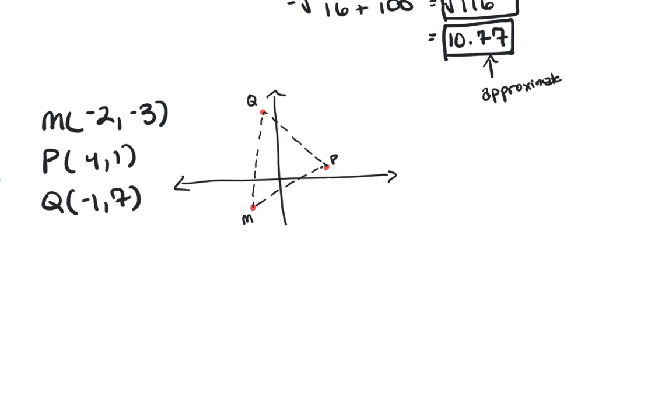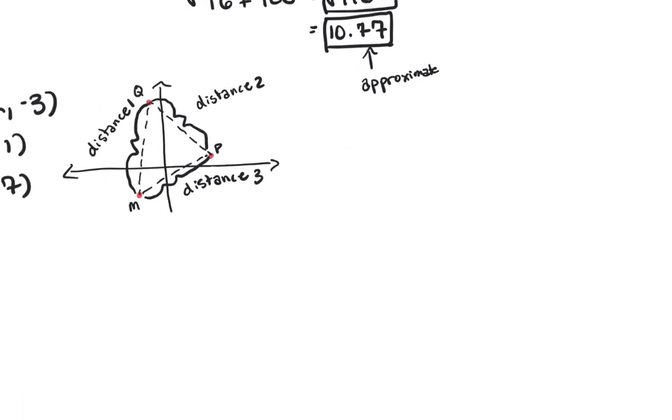But what we can do is find the distance here, the distance here, and the distance here. So we'll call this distance 1, 2, and 3. And we'll solve it the same way we solved the distance up above.